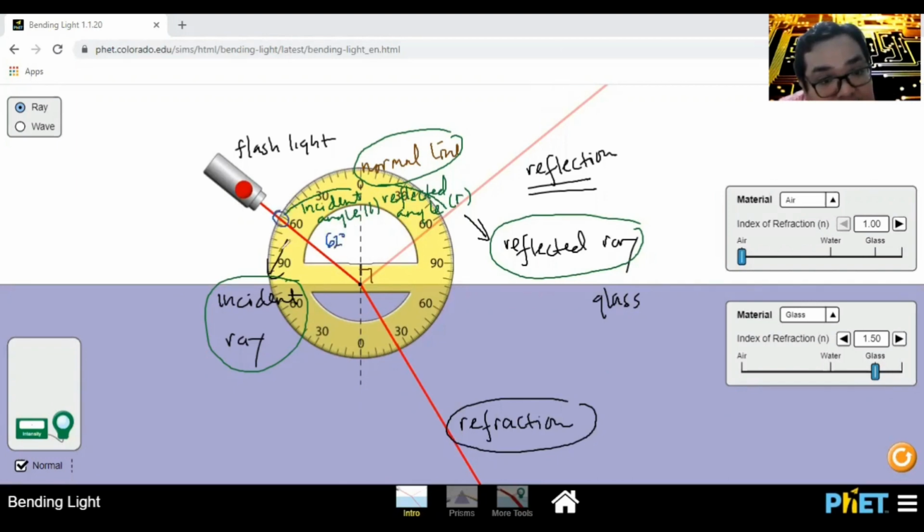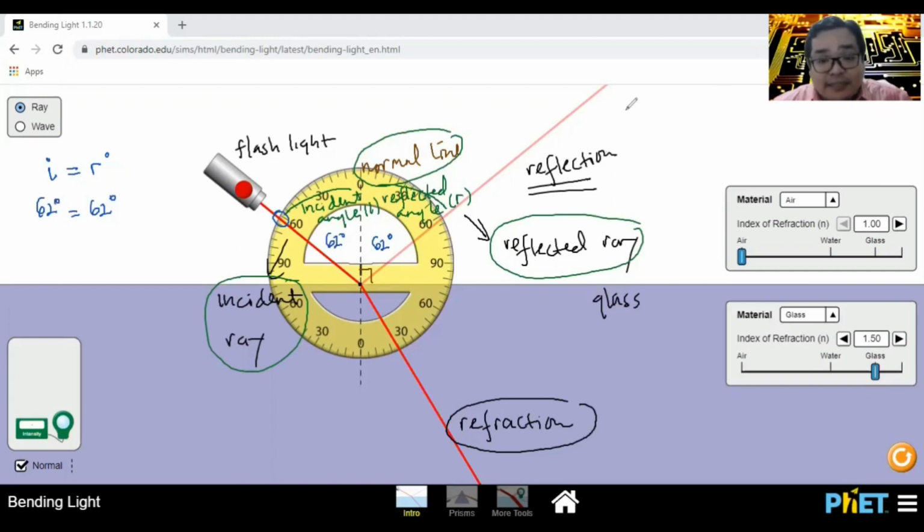This is also the same thing, the angle of reflection is also 62. Wow. So in this case, the angle of incidence equals the angle of reflection. Wow, 62 degrees equals 62 degrees. Very interesting, right?